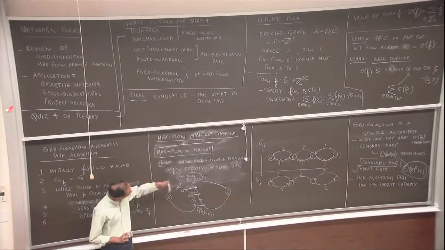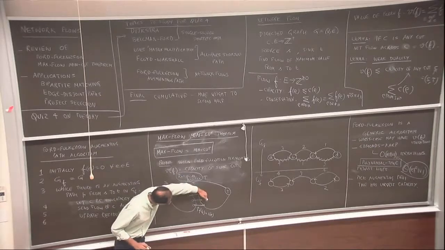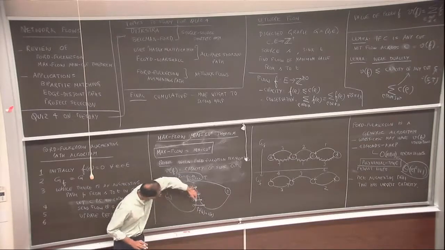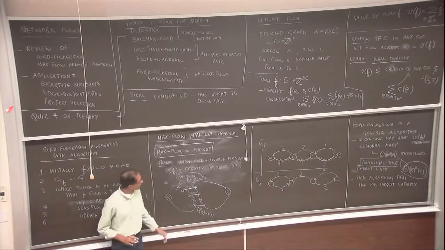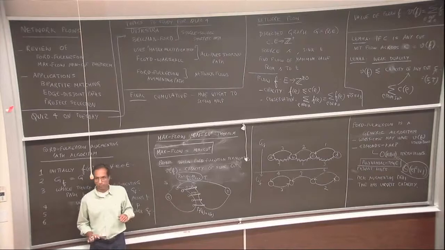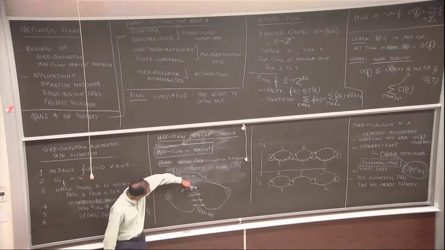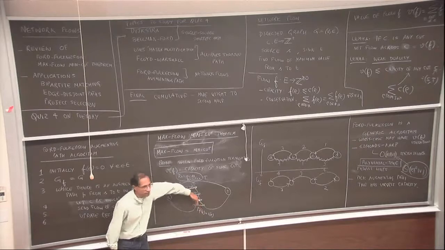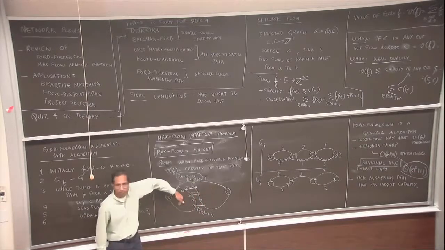So far you agree that the flow along every edge going in this direction, from S to T, is exactly equal to the capacity of the edge. So what is the net flow from here to here? Well, the net flow from here to here is the sum of all the capacities of these edges. But I have to subtract any flow that is going from here to here.